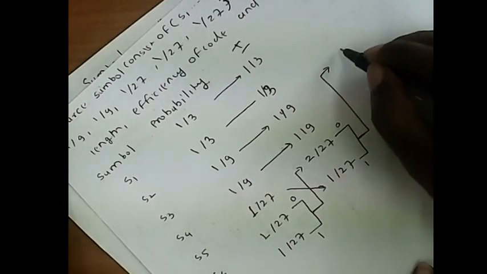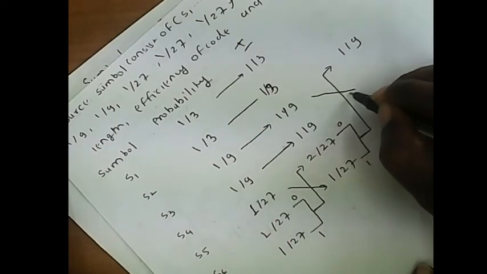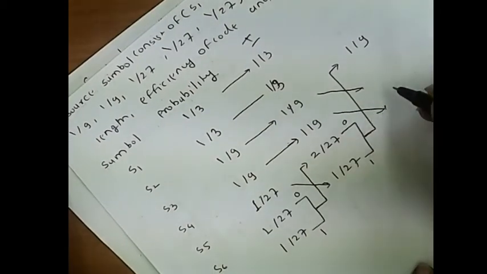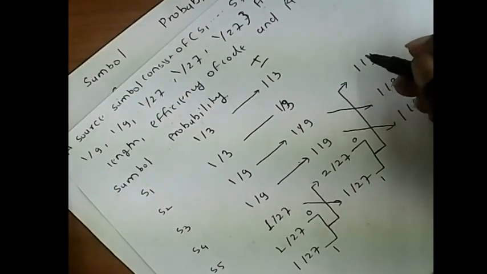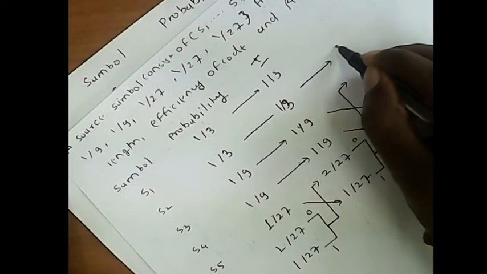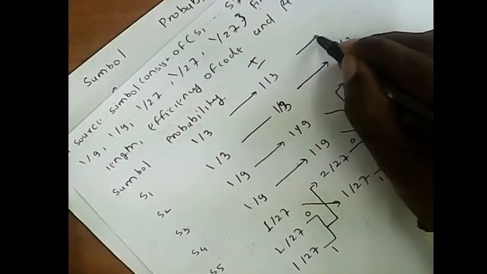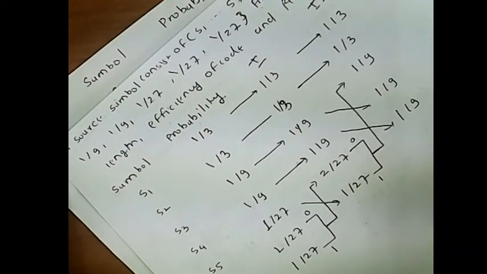So this is 1/9, 1/9, and this is 1/3, 1/3. This is the second reduction step.